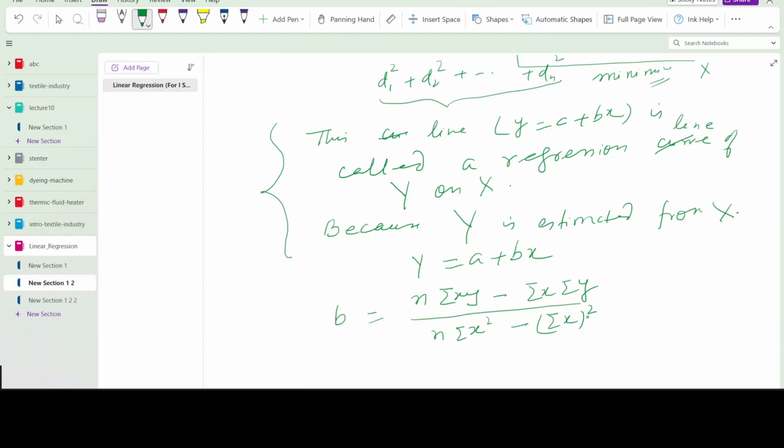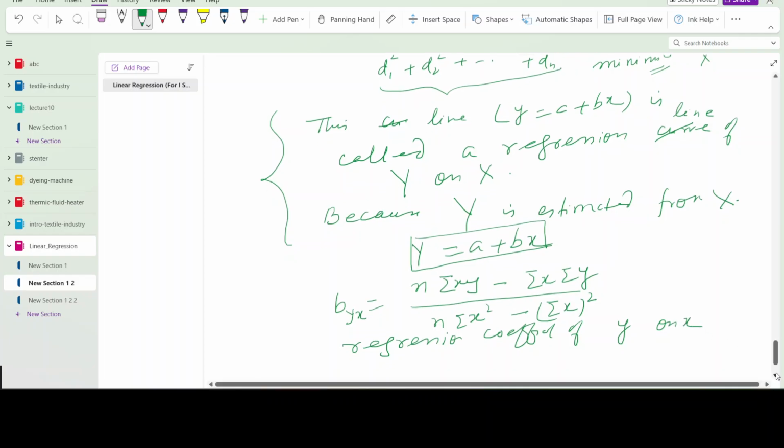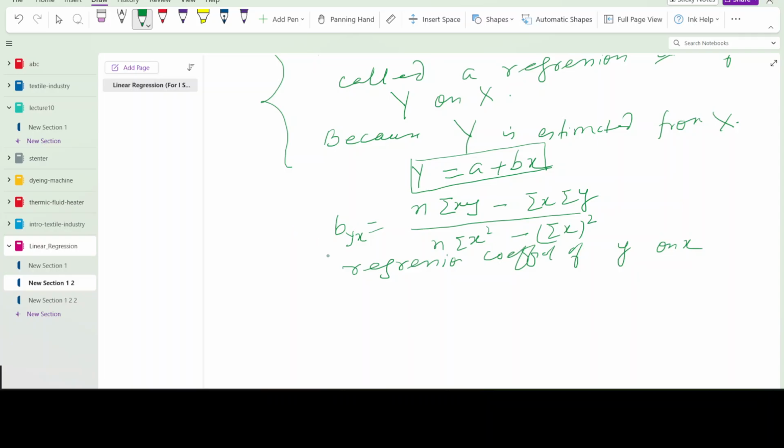When the regression is done for y is equal to a plus bx, that is regression line of y on x, then we call this b, represented as byx, that is regression coefficient of y on x. It is very important, mind it.